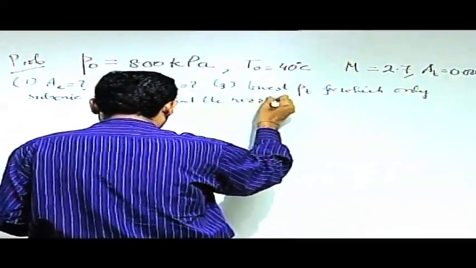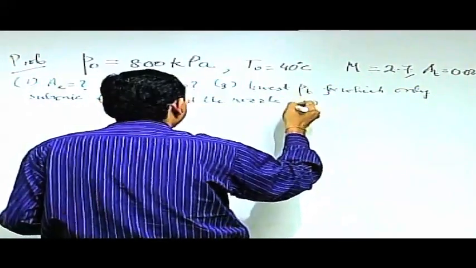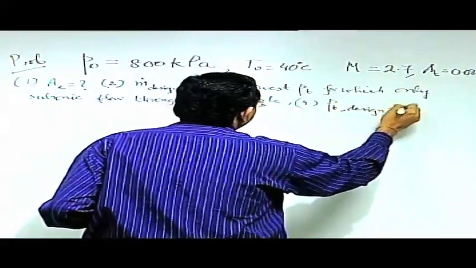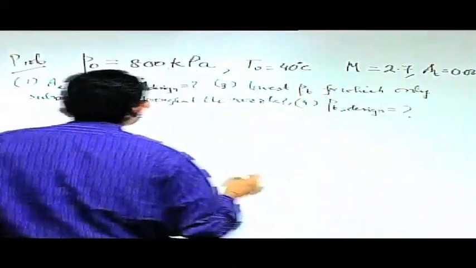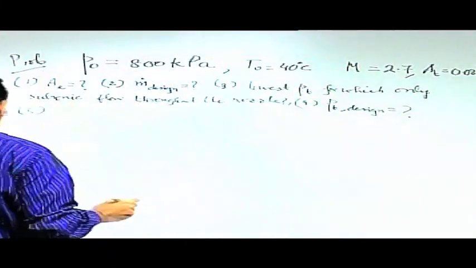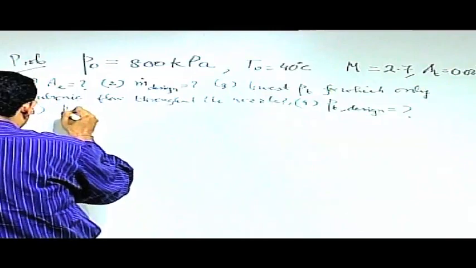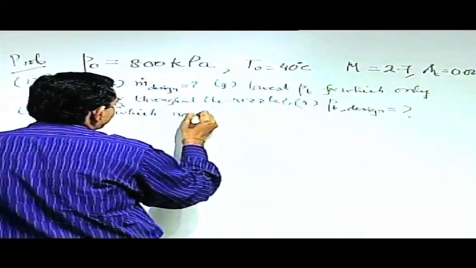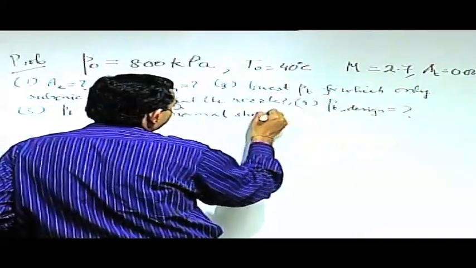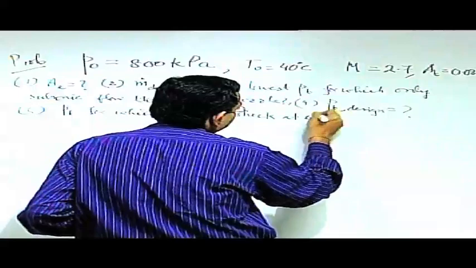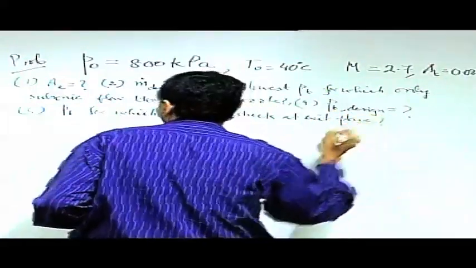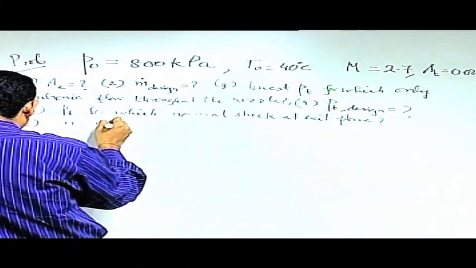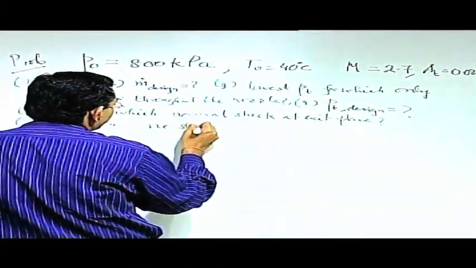Number 4, what is the design back pressure? Number 5, what is the back pressure for which there is normal shock at the exit plane? Number 6, what is the back pressure for which there is no shock inside the nozzle?